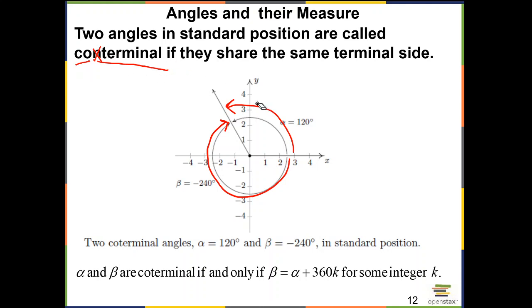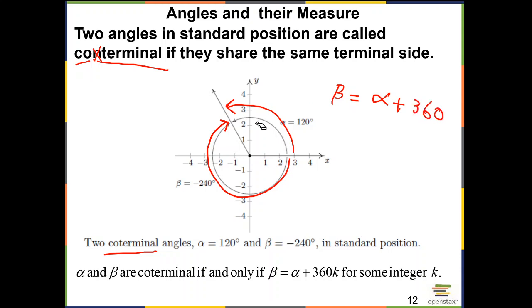So they share a terminal side. Coterminal, that's how you spell it. Two coterminal angles are basically angles that have the same terminal side, right? Now, if we have an angle alpha, and we want an angle that is coterminal to it, we can easily create that by adding 360 to it.